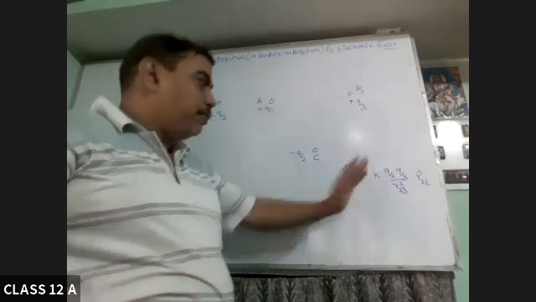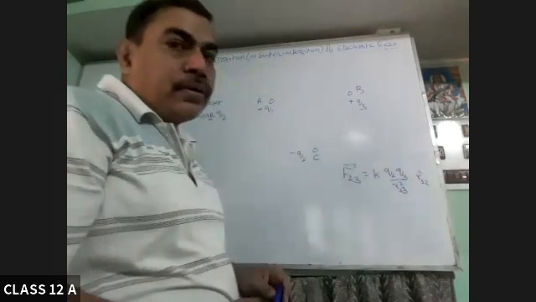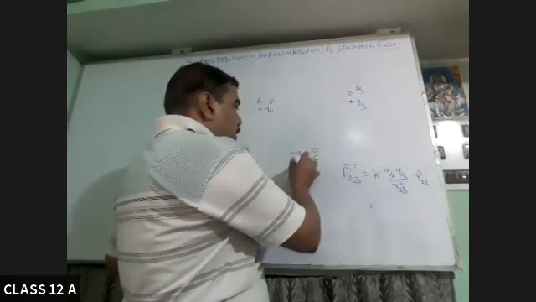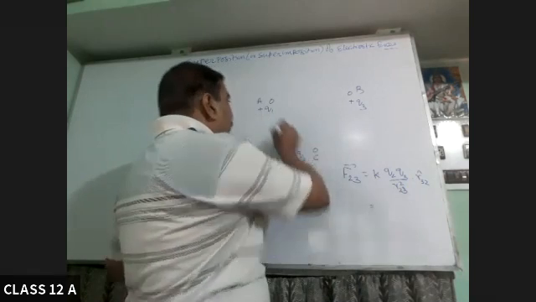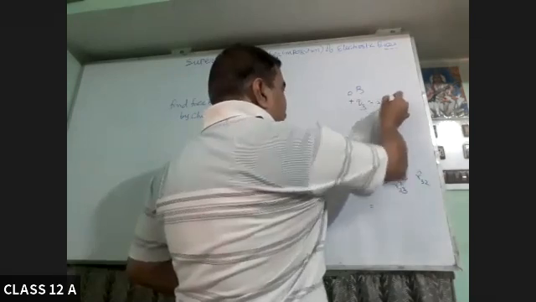So what will come here if we are using the vector symbol? Suppose here minus 2 Coulomb, this is 3 Coulomb, this is 5 Coulomb.